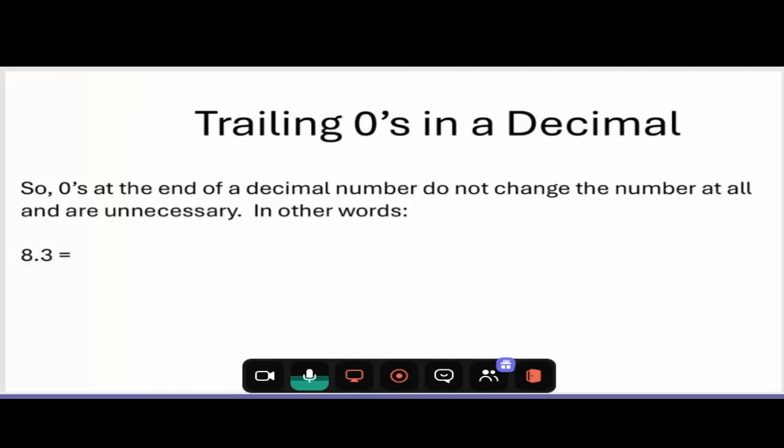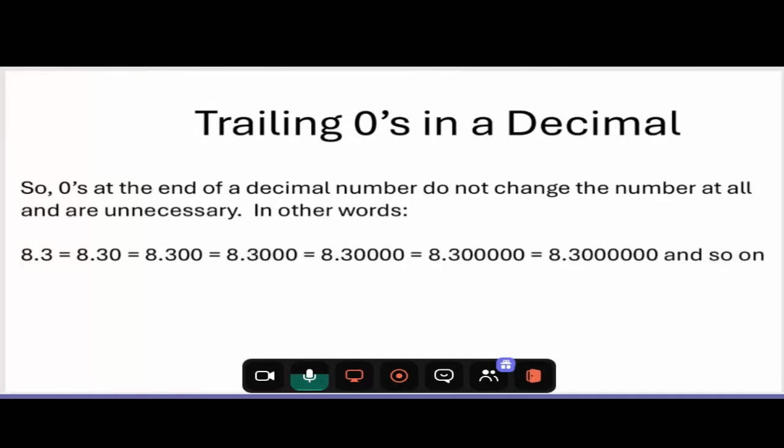So 8.3 is actually the same as 8.30, the same as 8.300, and as many zeros as you want to add. They are all the same number. We'll get into this more when we start looking at our number line, but if you want to imagine this a different way that might help, imagine taking a little section of line and dividing it into 10 pieces, and you take 3 of those pieces, 3/10ths.